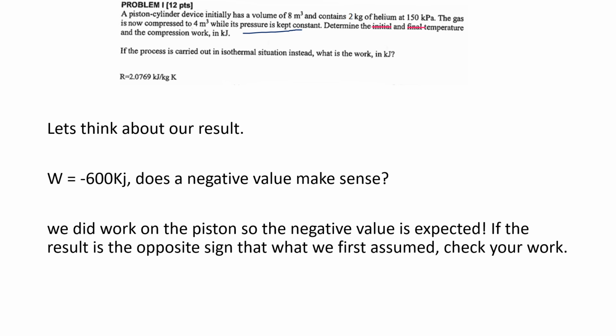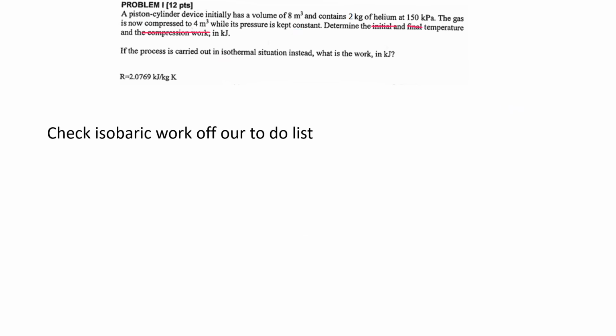So we had to do all this work on the piston to suck out the heat in order for the pressure to remain constant and the volume to shrink. So a negative work value does make sense. So good job, we answered the isobaric condition. So we're going to cross it off our list.